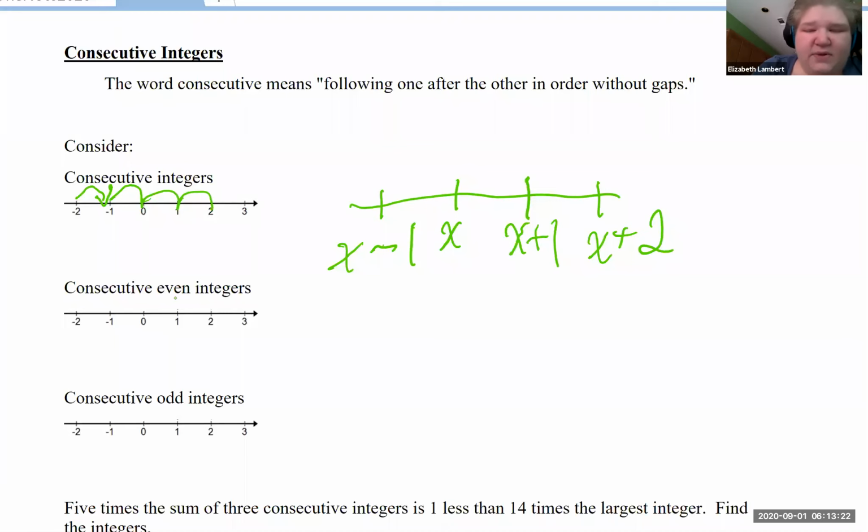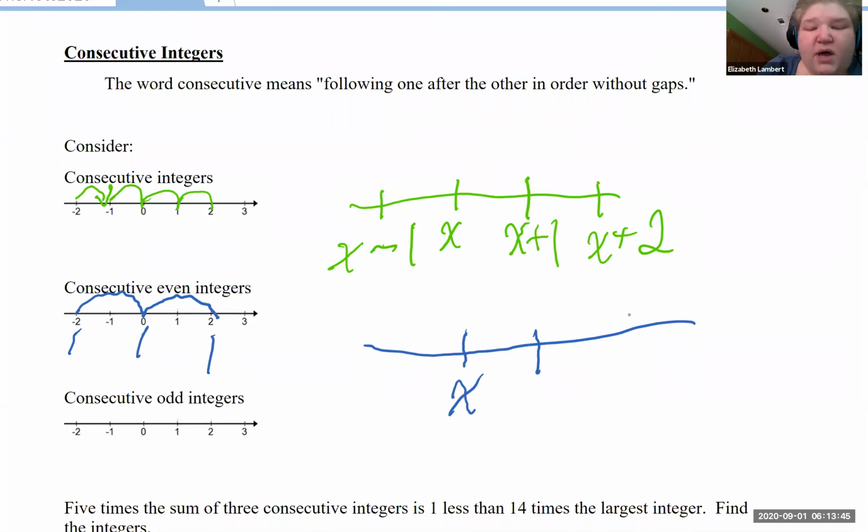Now, consecutive even, consecutive odd integers. These sometimes throw people for a loop. But let's take a look here. So if I start with even integers, -2's even, 0's even, 2's even. So I want to look at, just like we did before, these jumps, because I'm thinking about what happens if I put x.